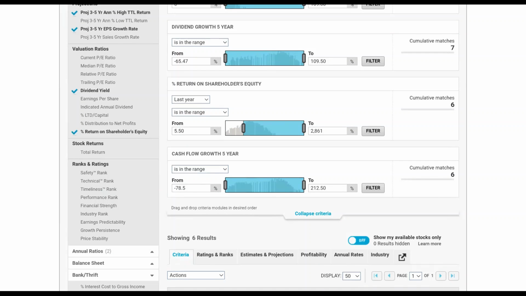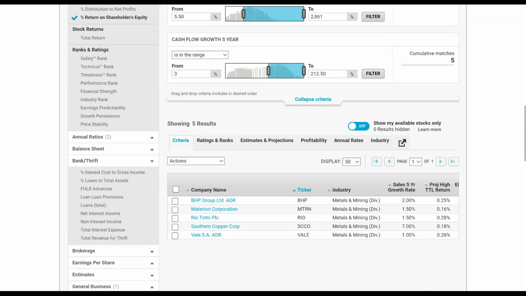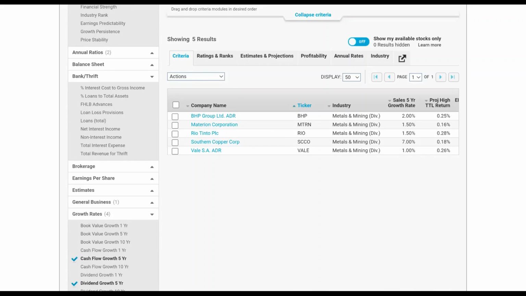And you can see there's a lot of people that don't have cash flow. So let's find somebody that's got some cash flow, and that whittled away one of them. Okay, we can come down here. And it boiled it down to these 5 companies, all right?